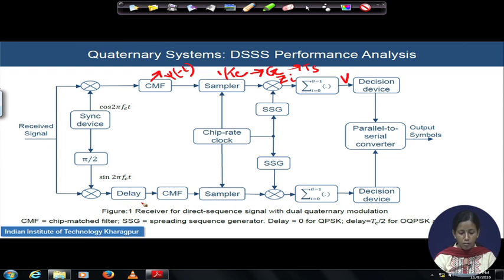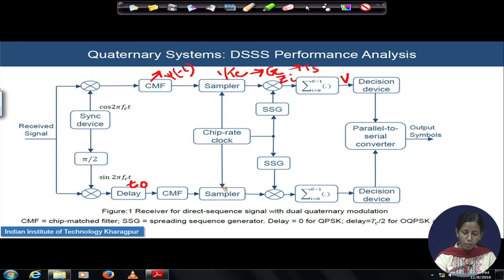Here, from the top to the bottom, we have an extra block called delay, where, as we have seen in the expression, the other carrier is delayed by an amount T0 with respect to the earlier one. To bring both of them in sync, you have to introduce another delay of T0, and then you do the matched filtering. The sampler is doing the same job as earlier.